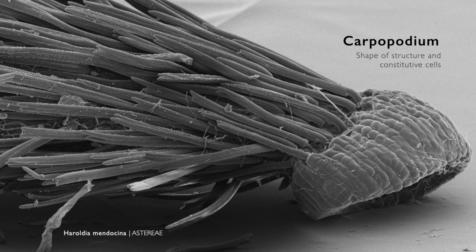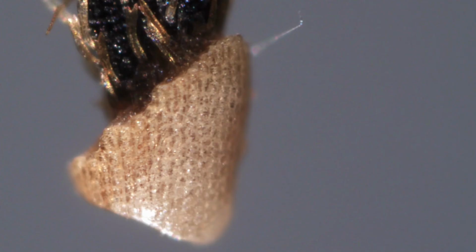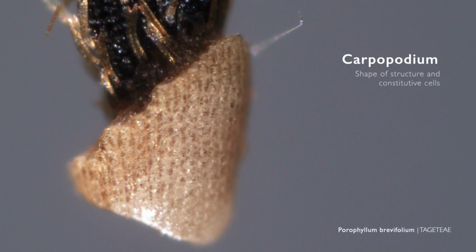But you don't necessarily need to go to the scanning electron microscope to see a carpopodium. You can see it even with the compound microscope, or sometimes even with the stereoscope, like in this case of a Porophyllum in the Tageteae.